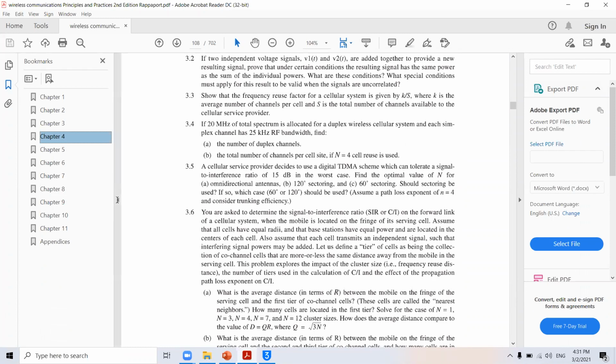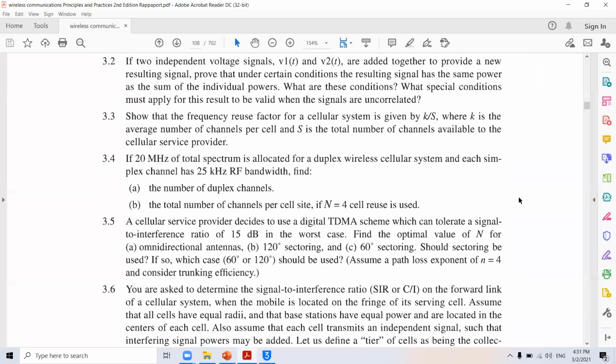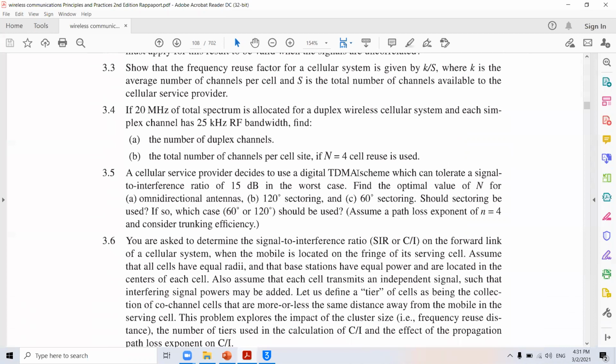Okay, problem 3.5. Look at the problem 3.5, please. A cellular service provider decides to use digital TDMA scheme, which can tolerate a signal to interference ratio of 15 dB.